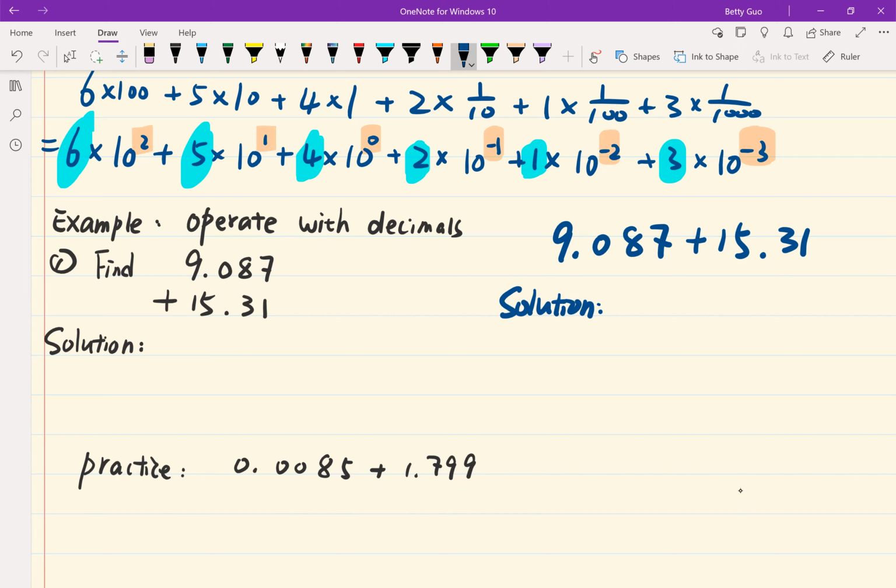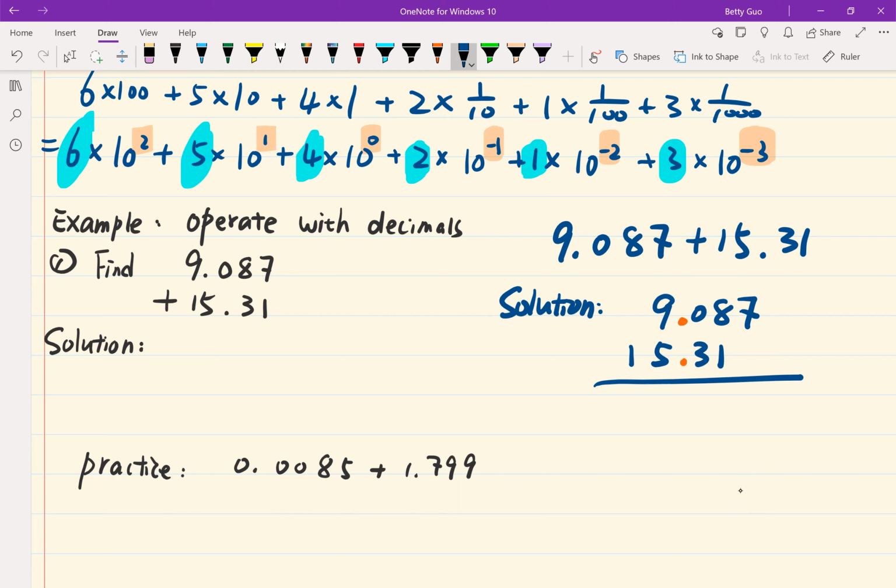We are going to write the 2 decimals like this, one on the top, the other on the bottom. We line up the 2 decimals. We align the 2 decimals, make sure the separators are aligned.